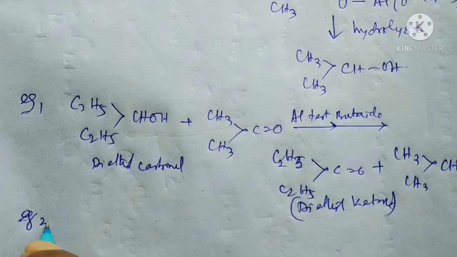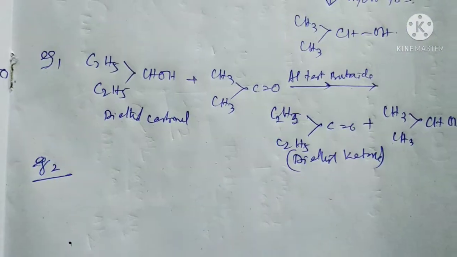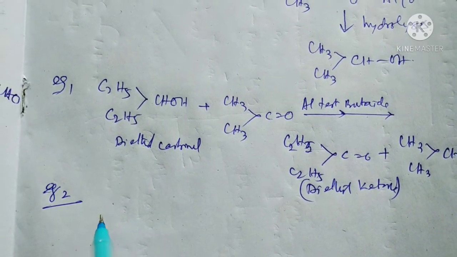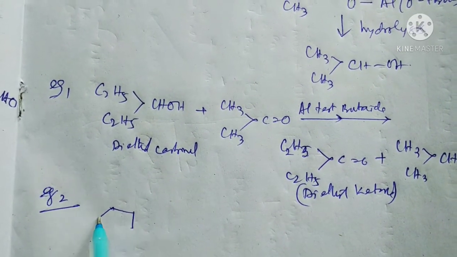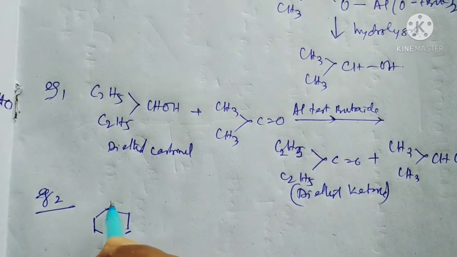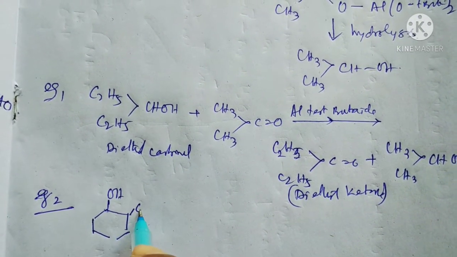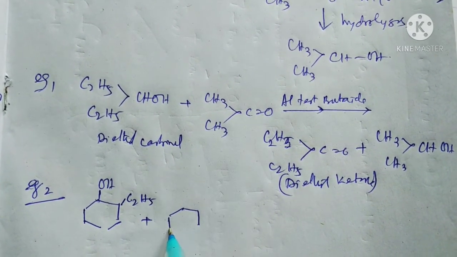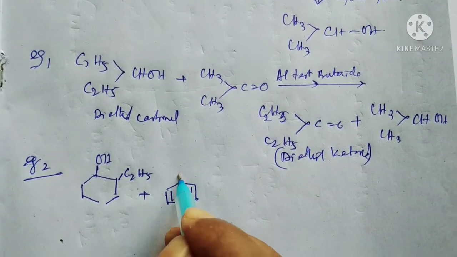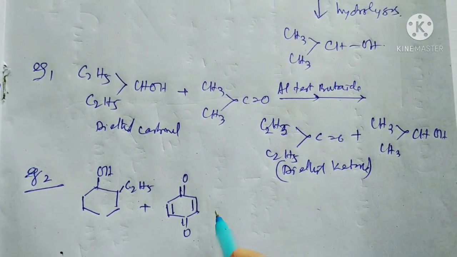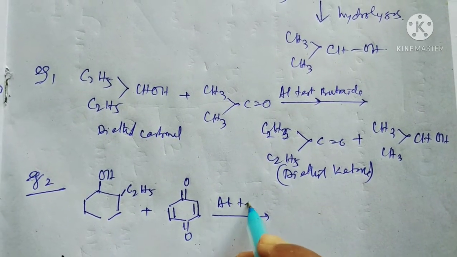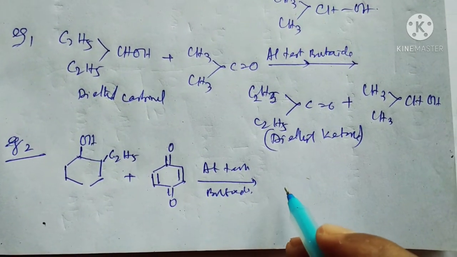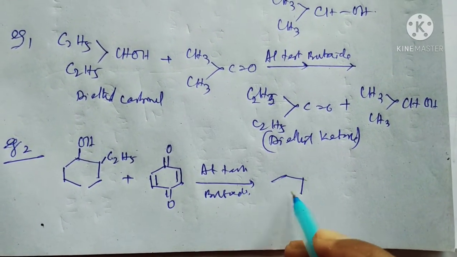And another, second example I'm going to give you, 2-ethyl cyclohexanol. Say for example this one is our 2-ethyl cyclohexanol. When it reacts with benzoquinone in presence of aluminium tertiary butoxide, it produces 2-ethyl cyclohexanone.